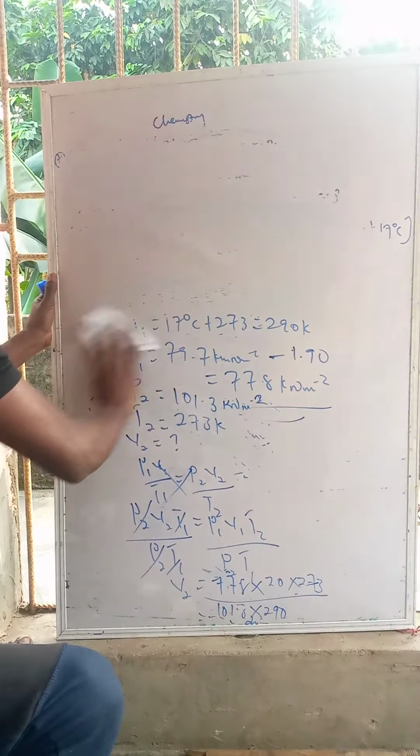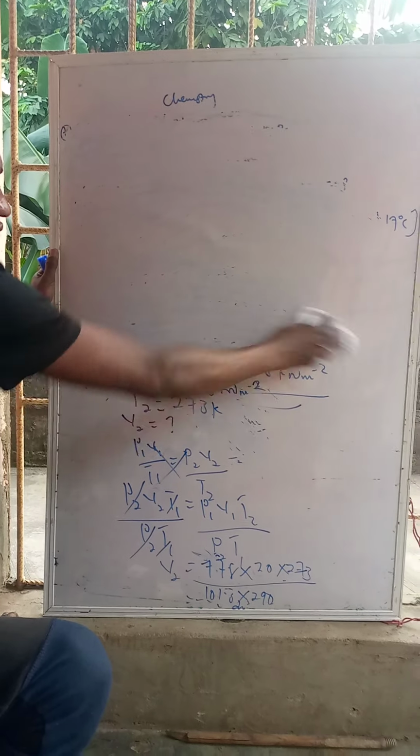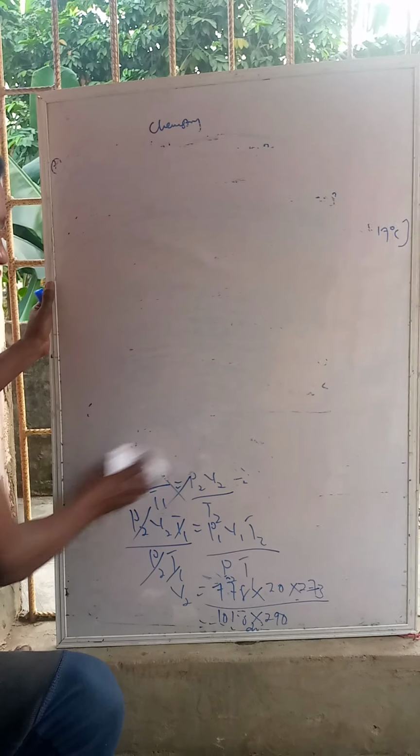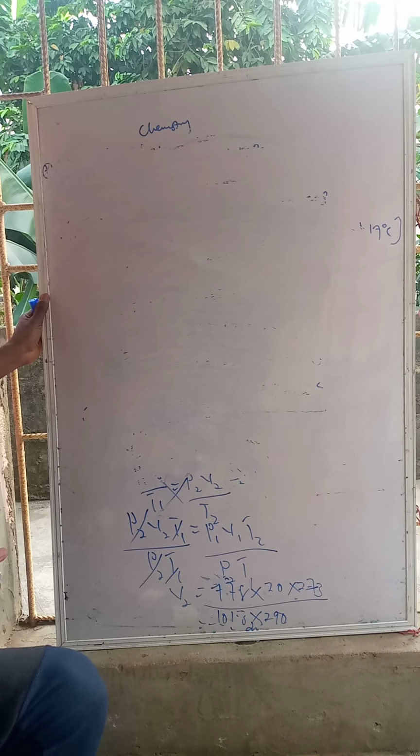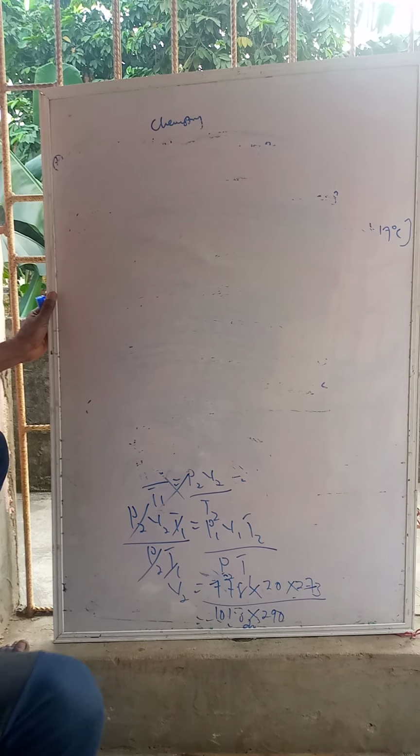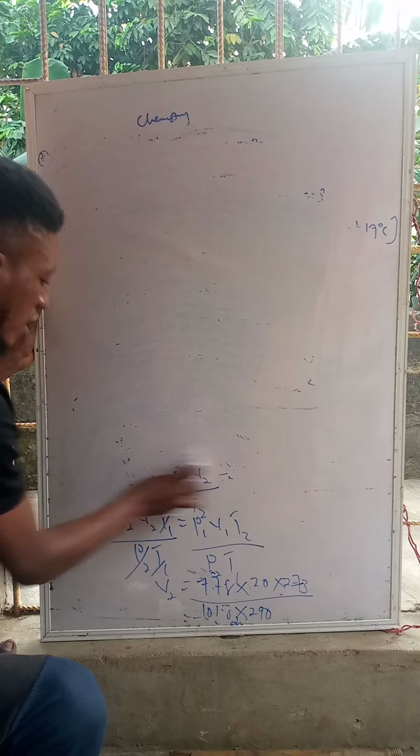How do we solve? I already told you what vapor density is. That is the mass of a volume of a gas compared to the mass of an equal volume of hydrogen gas at the same temperature.